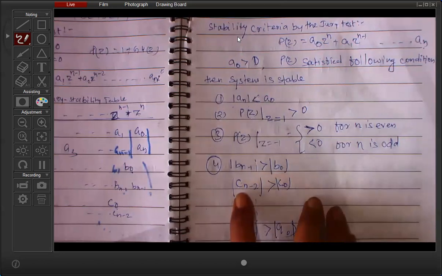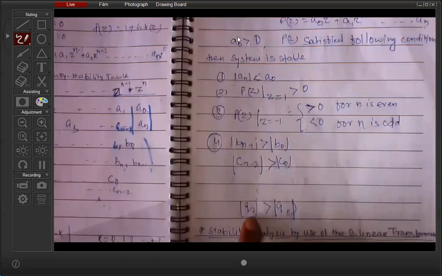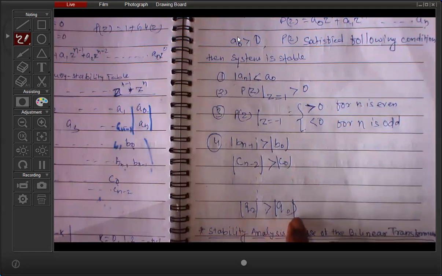Similarly, the magnitude of cn minus 2 must be greater than c naught. In this way, for the element 2n minus 3, the magnitude of q2 must be greater than q naught.